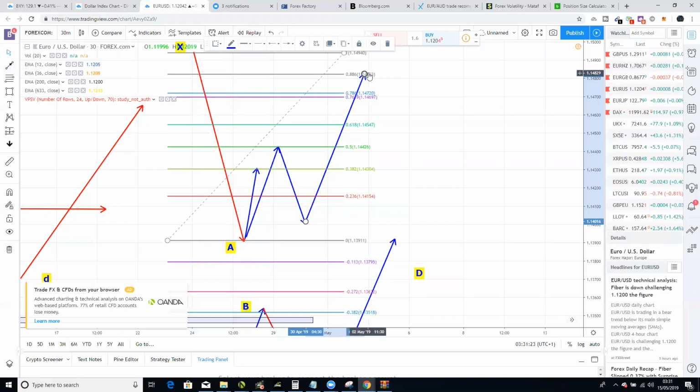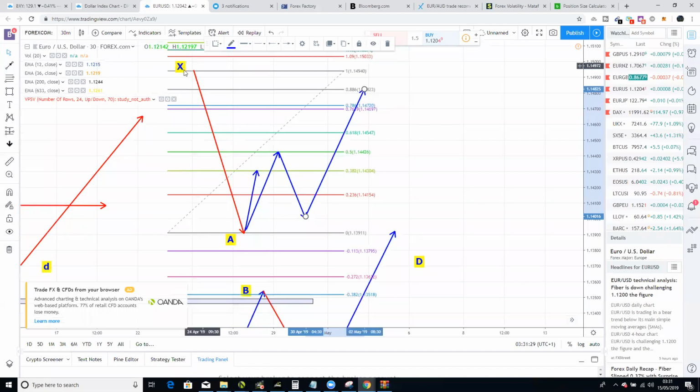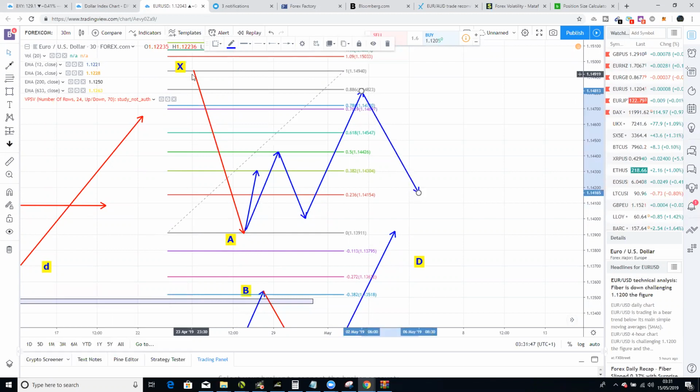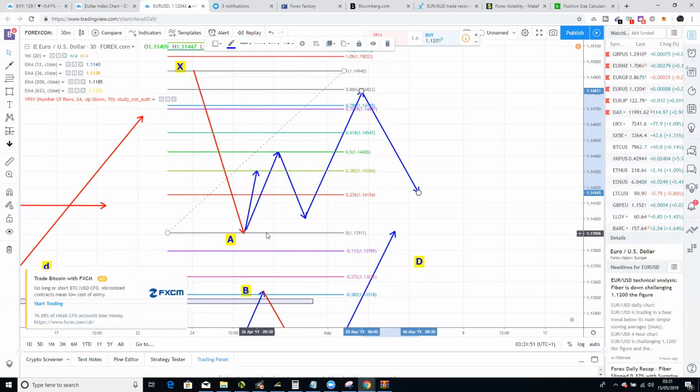Then at this 88.6, that's where we're going to have an order setup. 88.6. We're going to have our stop slightly above the X zone, okay? Slightly above the X. And then obviously we're going to have our targets going down. Our targets will be for us to be looking for a sell in this bearish bat pattern. So it's going to be a retracement of this move, the whole of this move like this.